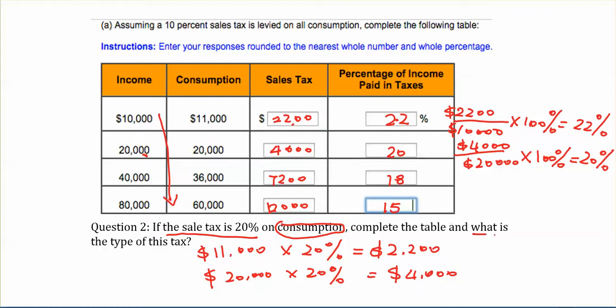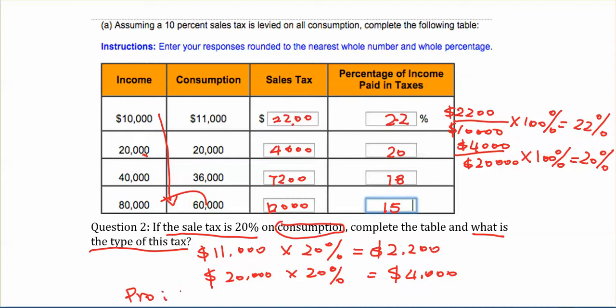However, the last question asks us, what is the type of this tax? In order to answer this question, you need to know how we can know the type of the tax. We have three different types of tax: progressive, regressive, and flat tax. Progressive tax means as your income increases, your tax rate should increase.